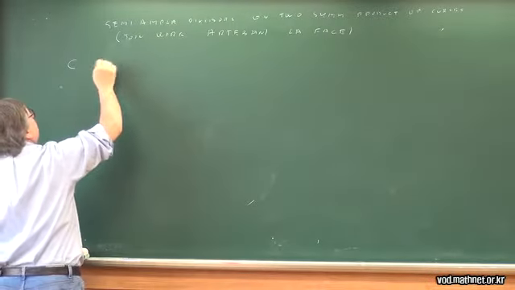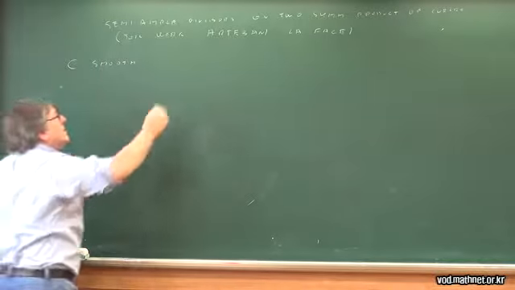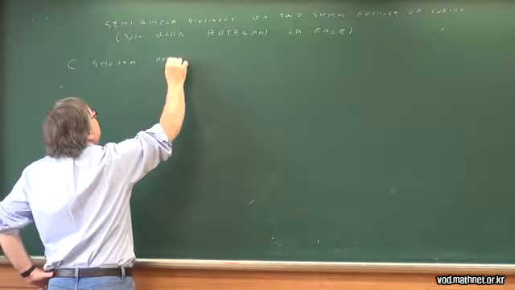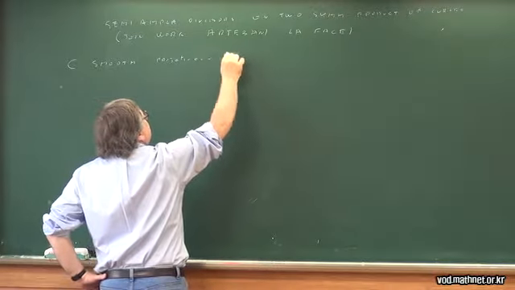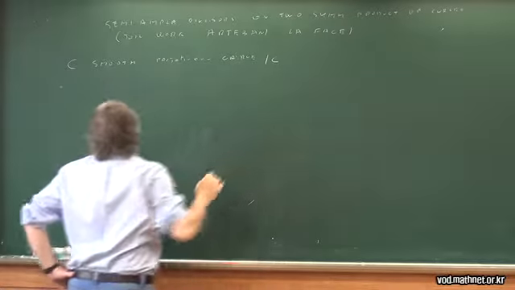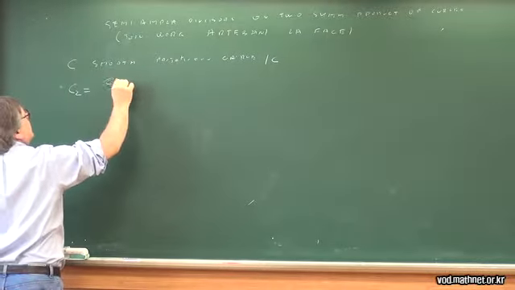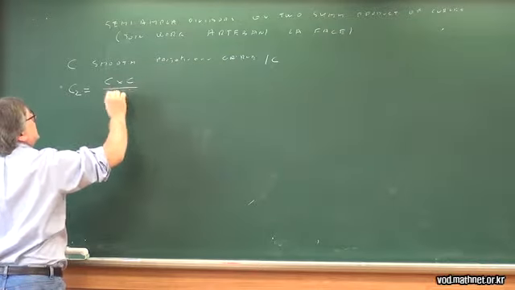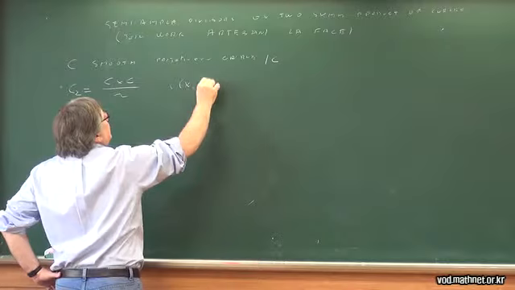Okay, and let me start with some introduction. So C will be a smooth projective curve over C, and C2 will be the symmetric product. So we take C cross C, where the equivalence is given by the usual involution.